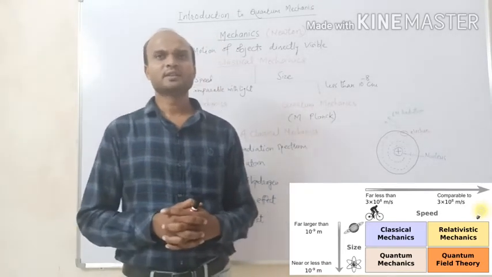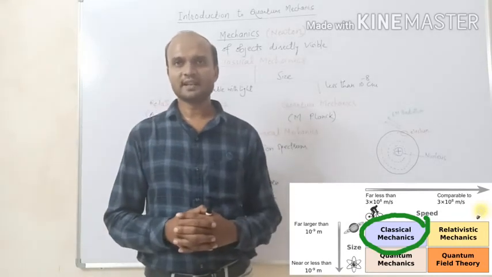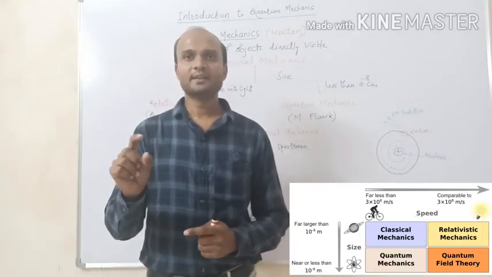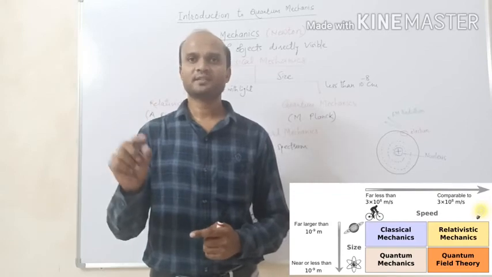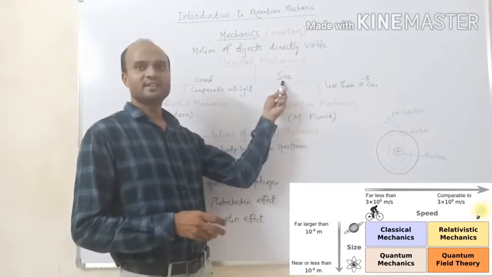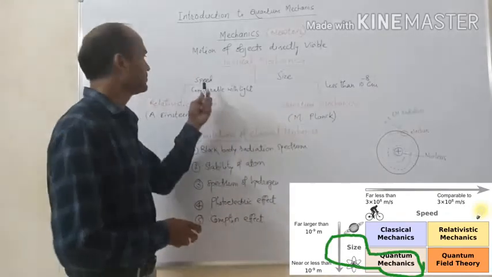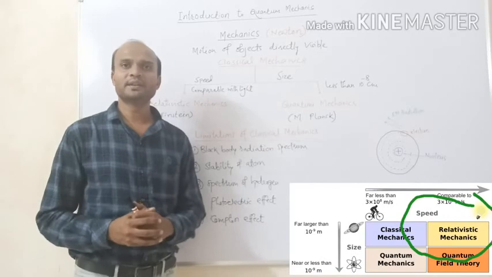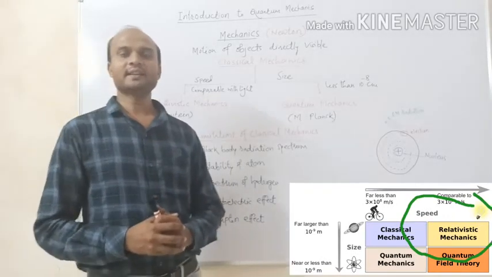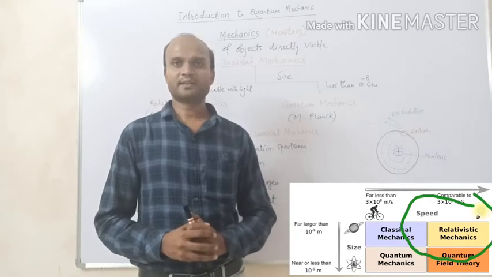In all these cases, we apply the classical mechanics and it is valid. But it has limitations, and we have already seen the limitation, that is depending on the size. If size is small, then quantum mechanics, and if speed is very high, comparable with the speed of light, in that case we have to use the relativistic mechanics.